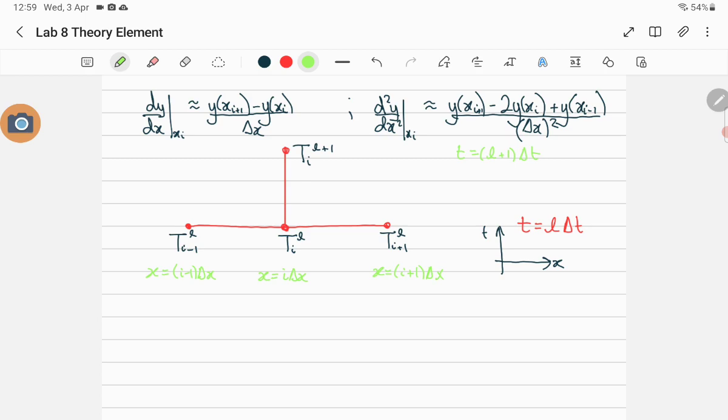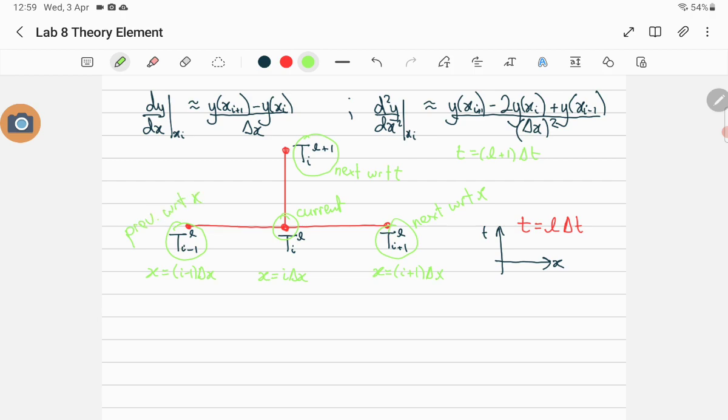Okay, and what that means is this one here is next with respect to time. In all cases, this is the current, whether you're going with respect to x or with respect to t. This one here is next with respect to distance, and this is previous with respect to distance.